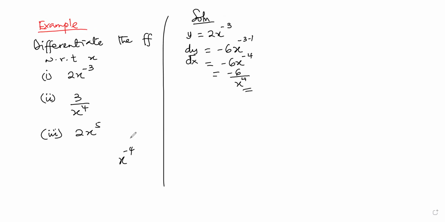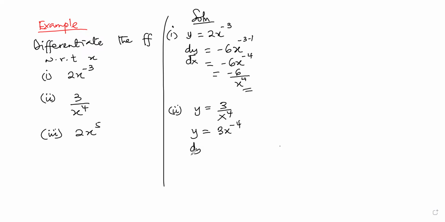So now we move on to the second example. The second example says that y is equal to 3 over x raised to the power 4. This 3 over x raised to the power 4 is the same as 3x to the power negative 4.